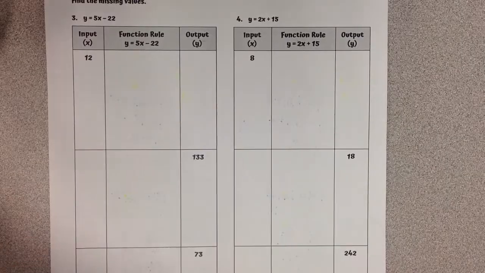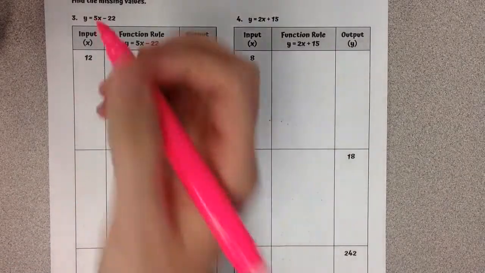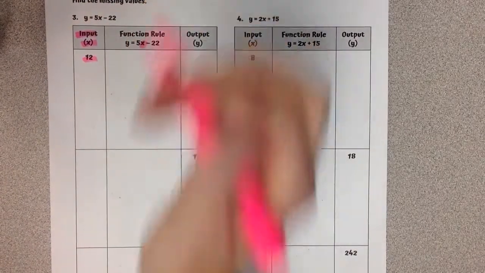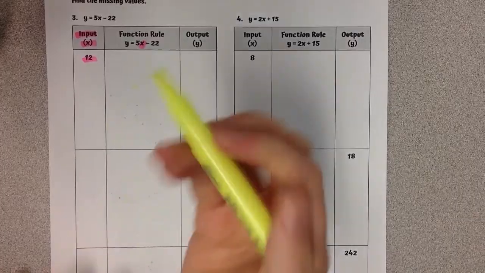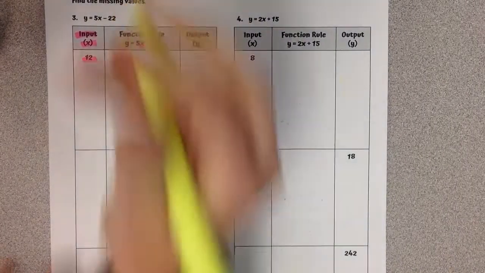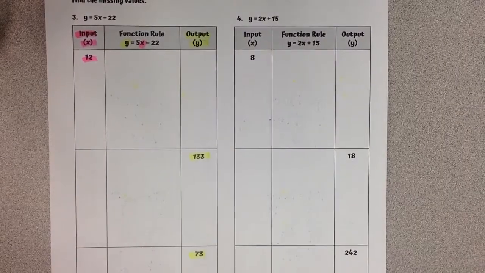All right, new one. We're going to highlight the side, our variables here. So I'm going to highlight my inputs in one color and my outputs in another. And plug in our values.